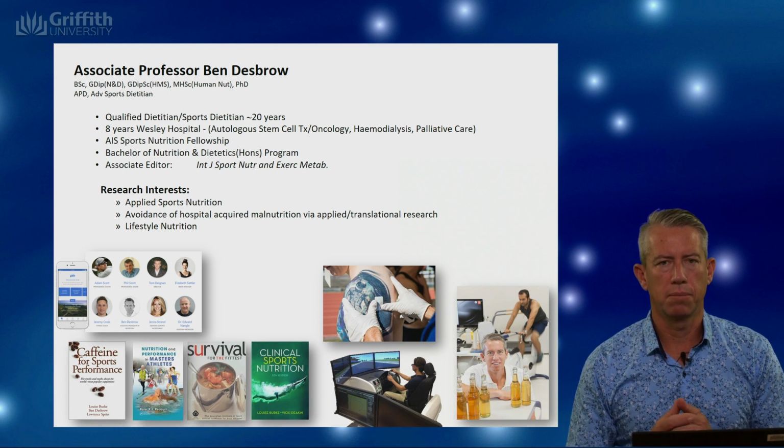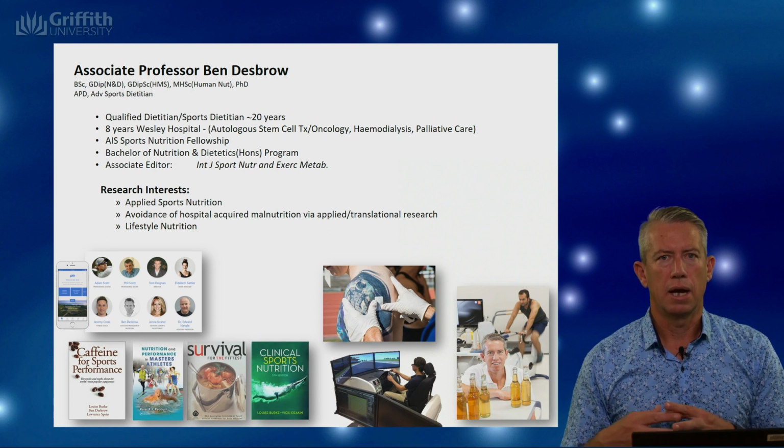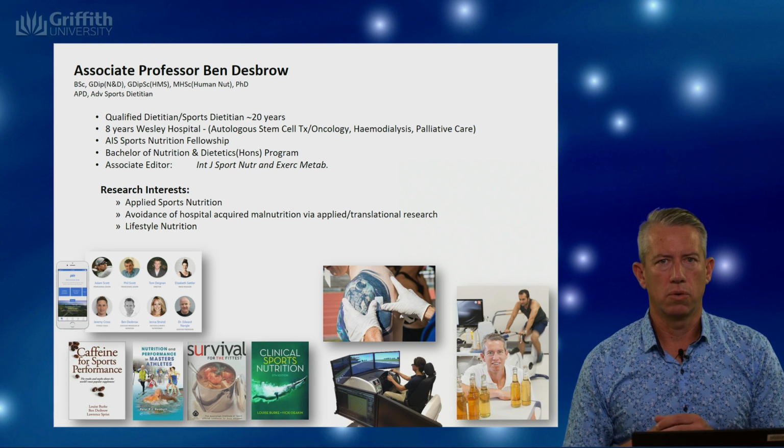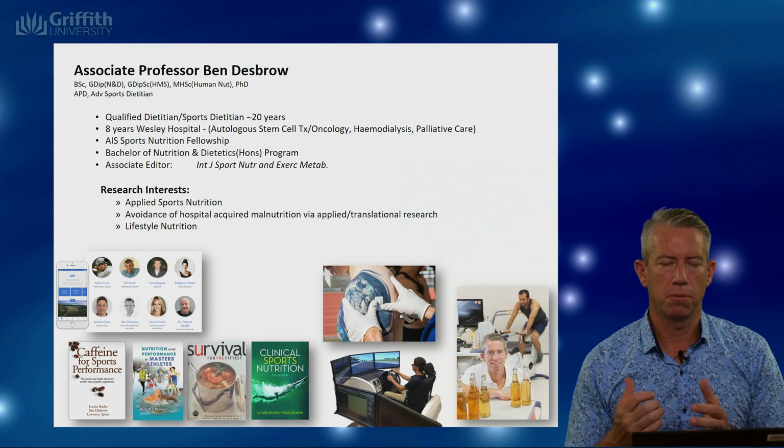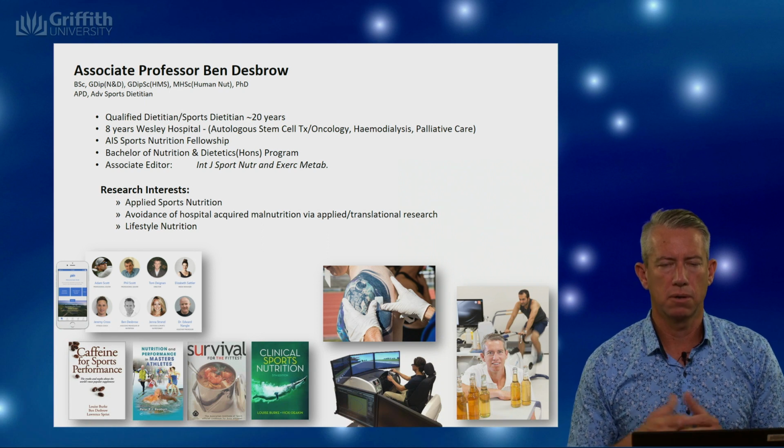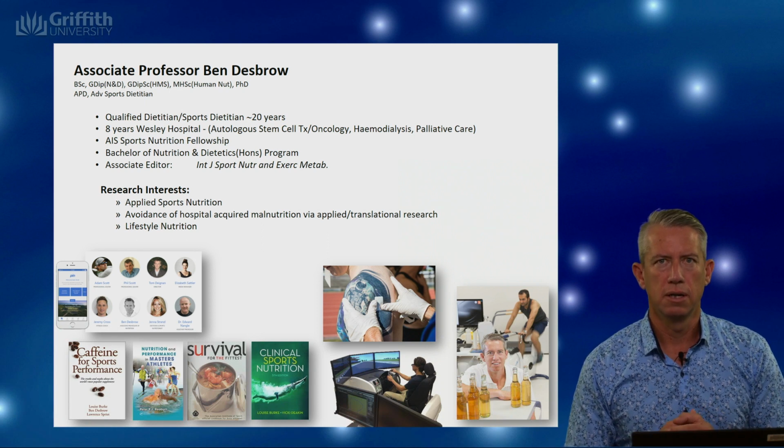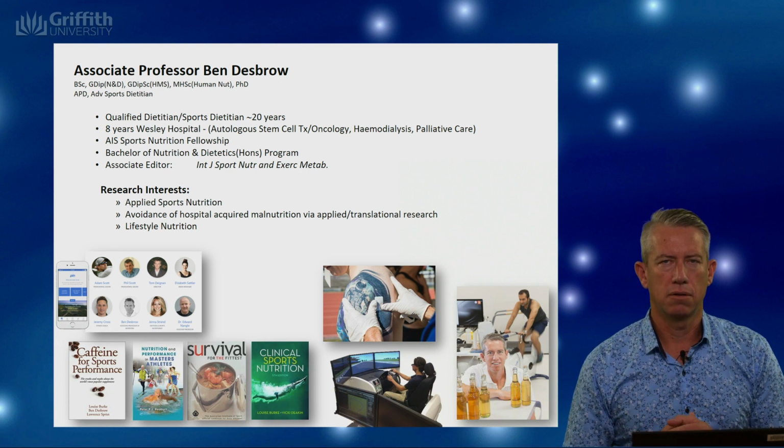It's a private hospital where I spent most of my clinical time dealing with patients who were experiencing or had a diagnosis of cancer. We dealt with high-dose chemotherapy and stem cell transplantation, as well as general oncology, and I also dealt with the hemodialysis unit and the palliative care unit.